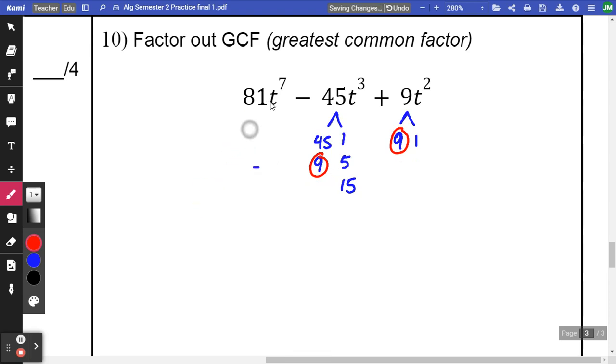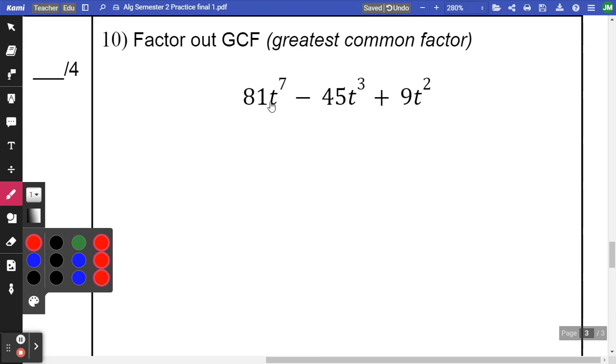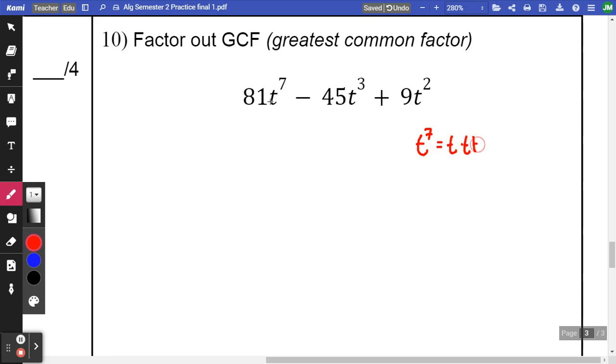So all these are divisible by 9. And if you look at the variables, we have t to the 7th, t to the 3rd, and t squared. So at most, between all the variables, we can pull out 2 of them. T to the 7 is t times t times t times t times t times t times t, 7 times.